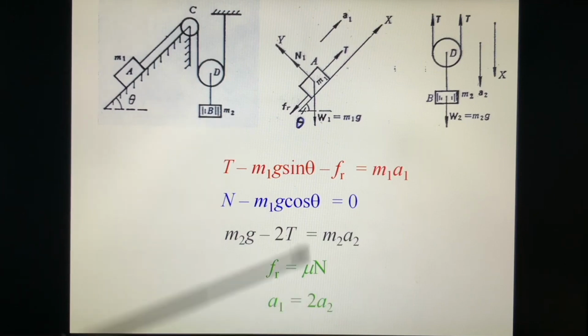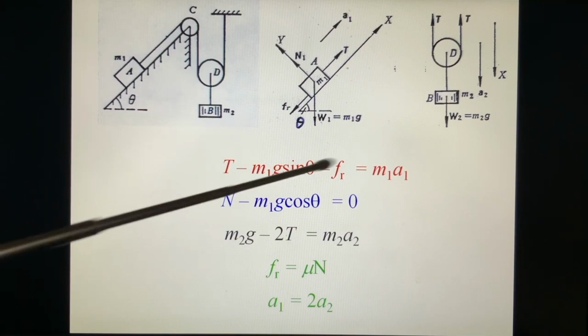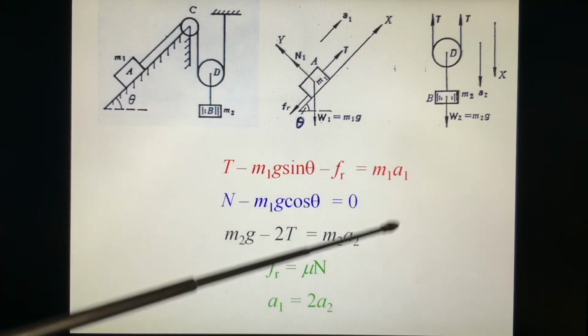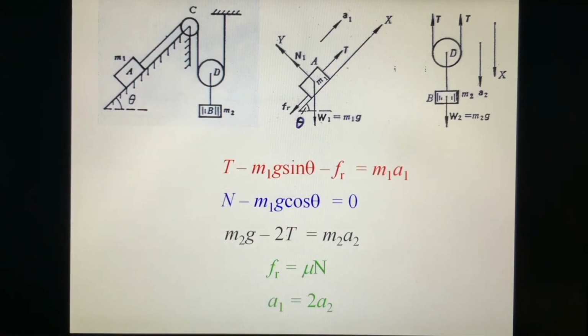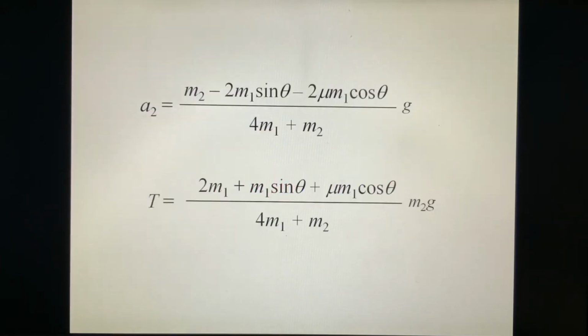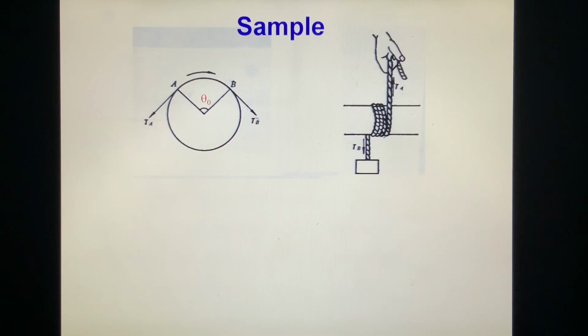These 5 equations can solve the 5 unknowns: T, F1, A1, A2, N. This is the answer. I'm not going to do it because it's a very simple and tedious algebraic calculation.